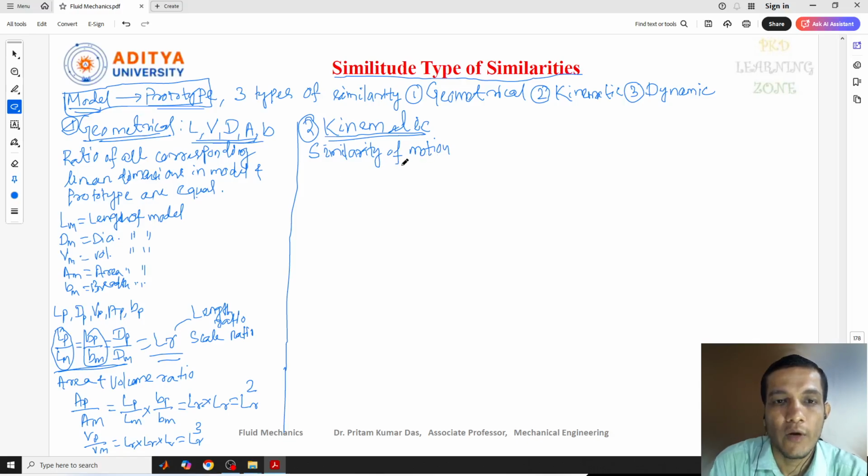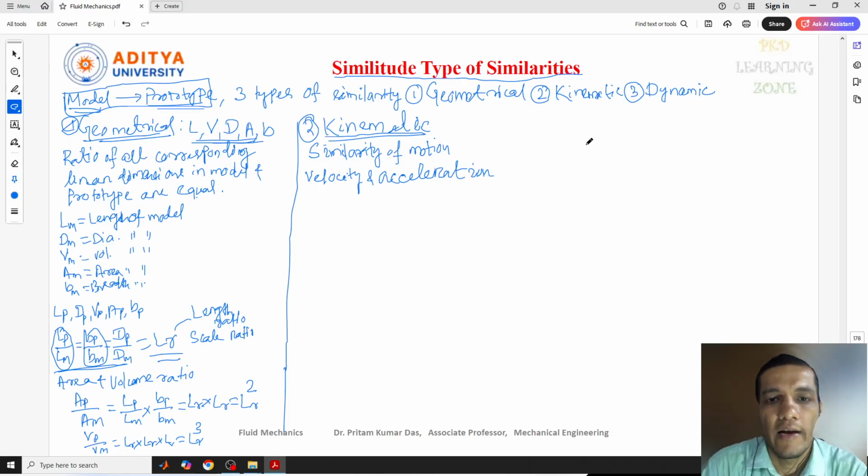Now in the motion, which parameter needs to be considered? We have seen in the dimensional analysis that the kinematic part is nothing but the motion part. When we talk about motion, we need to consider two things: one is velocity, another one is acceleration. Suppose we have created some model and converted it to a prototype; we need to verify the velocity at each position.